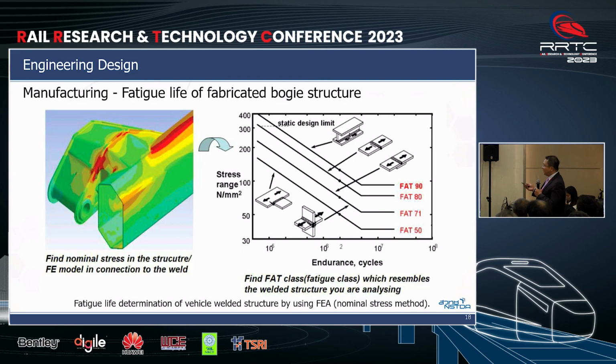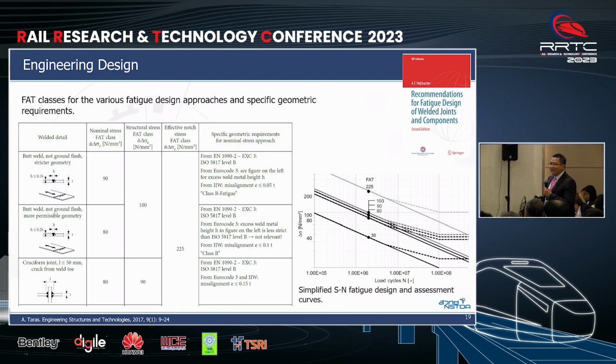I think the most important thing is how we can predict the lifetime of the welded component. We can follow this diagram, the FAT class. If you are interested, you can study in detail by looking at this document, the recommendations for fatigue design of welded joints and components.